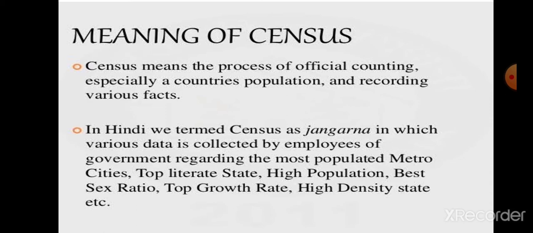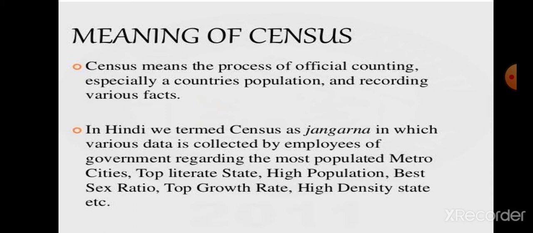The census means the process of official counting, especially of a country's population, and recording the various facts once in every 10 years. In Hindi, we term the census as Jana Ganana, in which various data is collected by the employees of the government regarding the most populated metro cities, the top literate state, high population, best sex ratio, top growth rate, high density states.